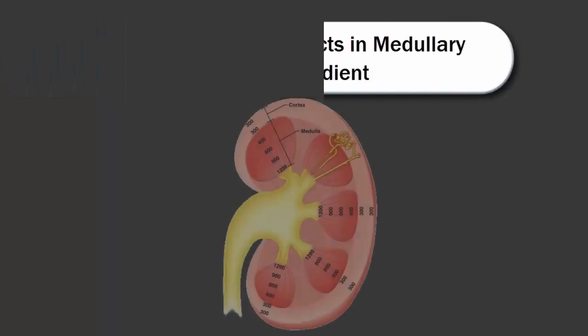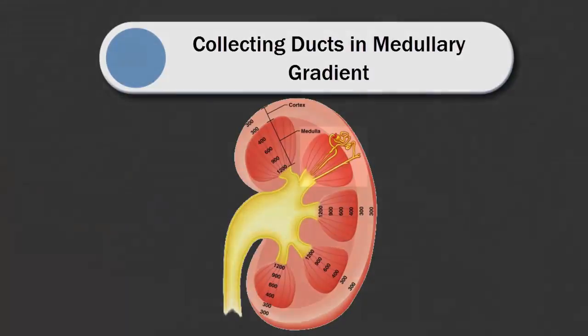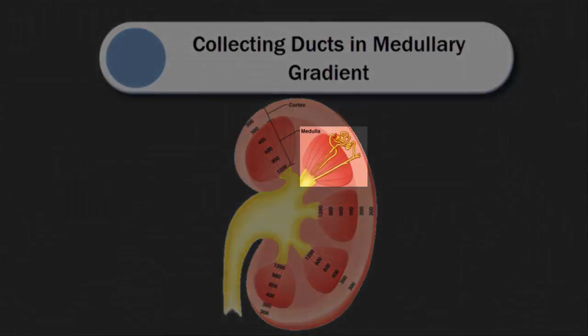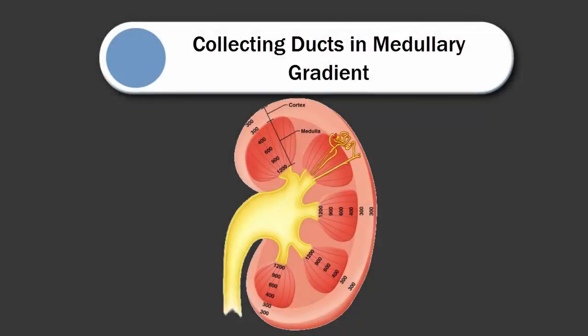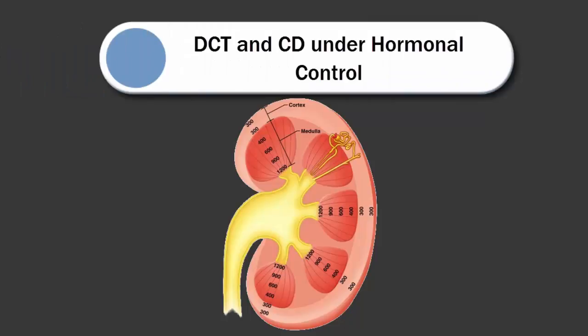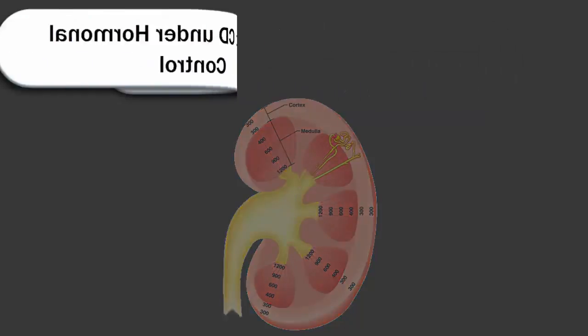Thirdly, the medullary collecting ducts are located alongside these nephron loops and are subjected to the same gradient so that their environment gets saltier the deeper they are in the medulla. And the last very important point that I want to make is that the permeability of the collecting duct, both in the cortical portion and the medullary portion, as well as the distal convoluted tubule, is under hormonal control.